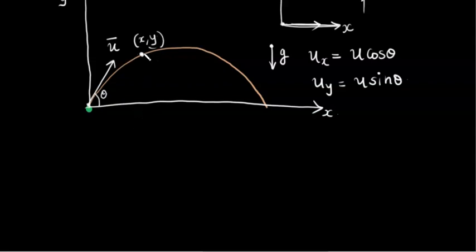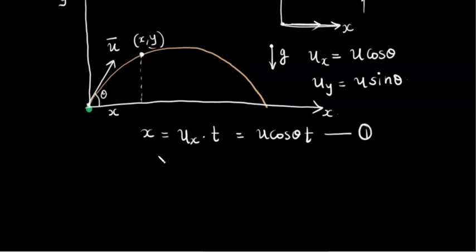Now what can I tell about the x coordinate? What is the distance covered in the horizontal direction? It is ux into t. So x is equal to ux into t. But ux is u cos theta, so x is u cos theta t. This is our first equation.